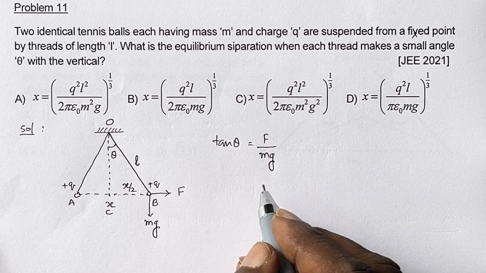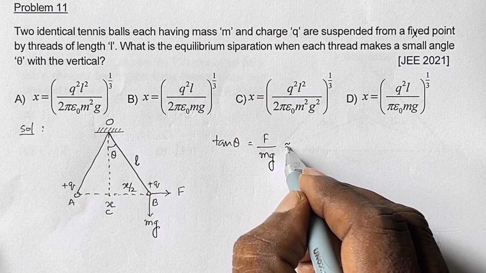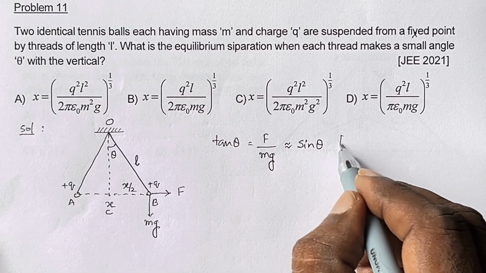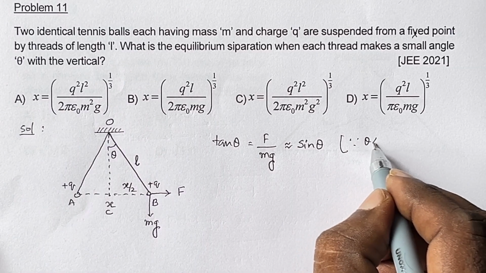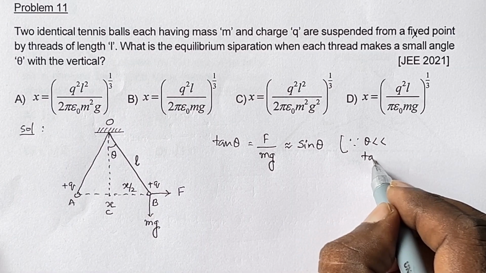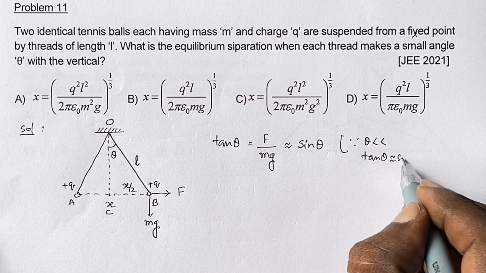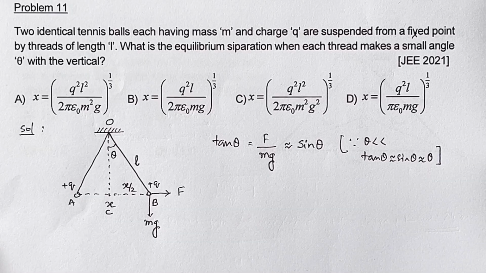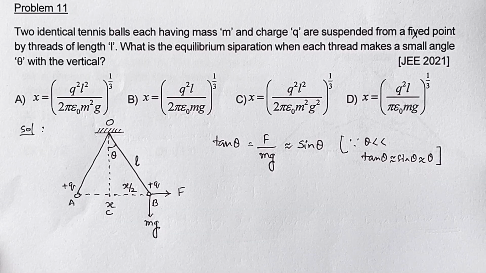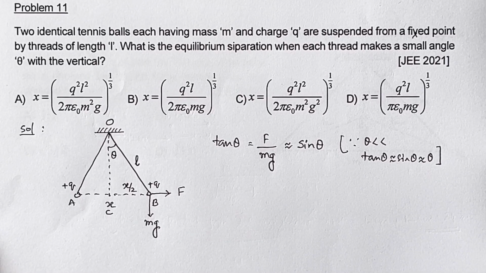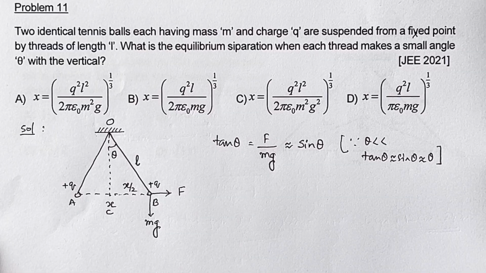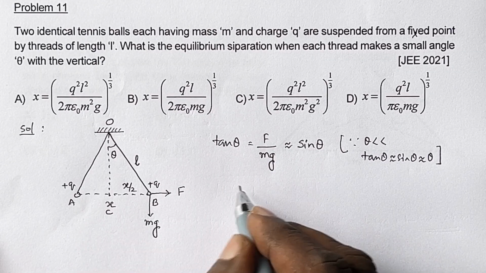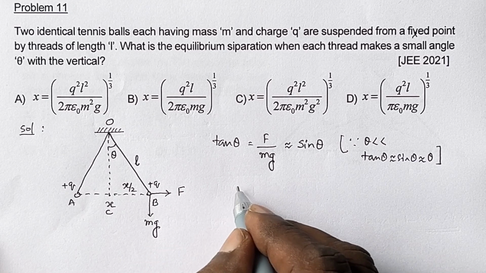So whenever theta is very small, we can also approximate this into sine theta. So what we have to remember, when theta is very much less, tan theta, sine theta, these are all equal to theta. So any relation we can take as per our needs in the problem. So F by mg is equal to sine theta. See what is the F value here?